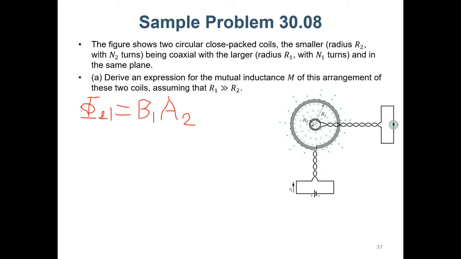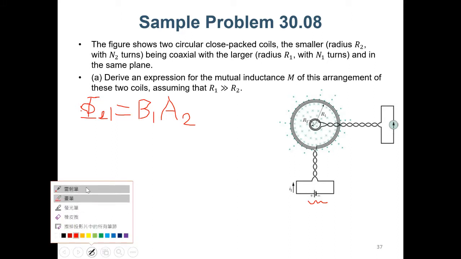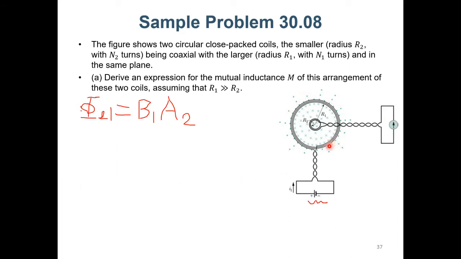actually for this case R1 is the outer one, and here we have a battery, so there will be some current going through the outer loop, and the outer loop will generate some sort of magnetic field.